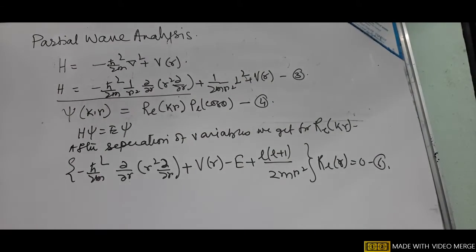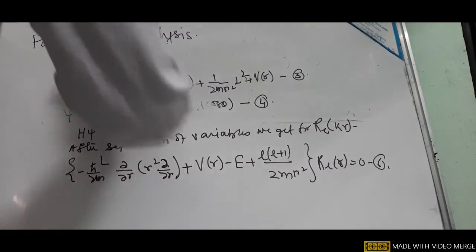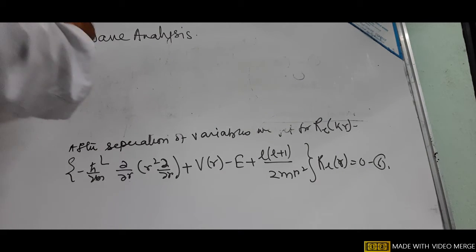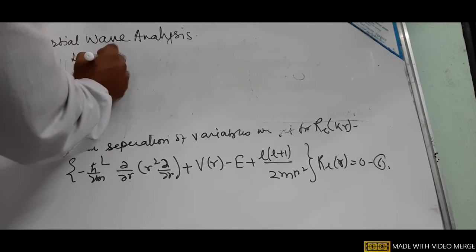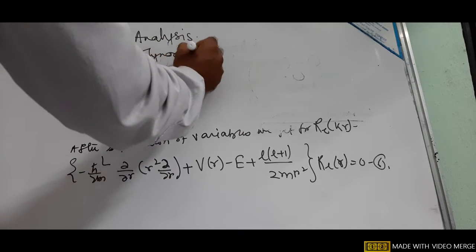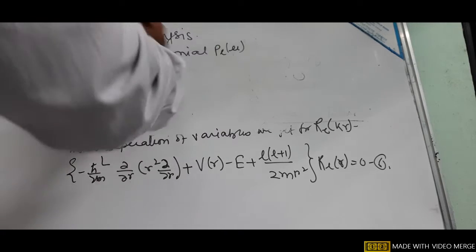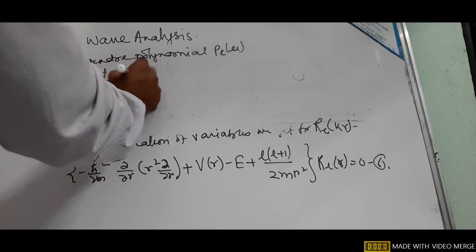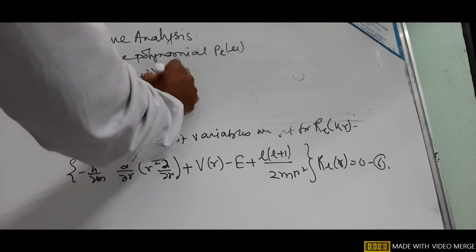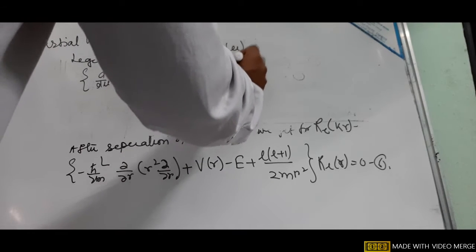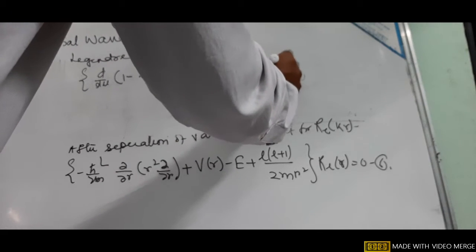So this gives us the radial function, and the Legendre polynomial P_L(μ) which satisfies d/dμ[(1 − μ²) d/dμ] + L(L+1) P_L(μ) = 0.